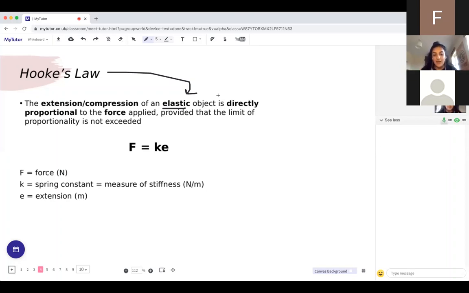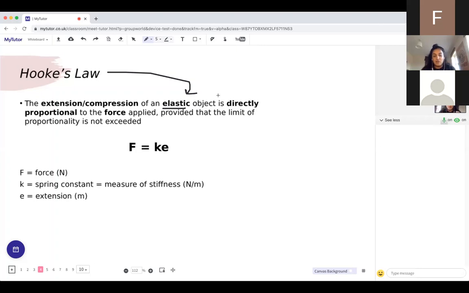So the same thing happens. Note that that's only applicable for timesing and dividing. So if a force adds 4, that doesn't necessarily mean that the extension adds 4. But if force is multiplied by 4, extension is also multiplied by 4. So that's what we mean by directly proportional to each other.